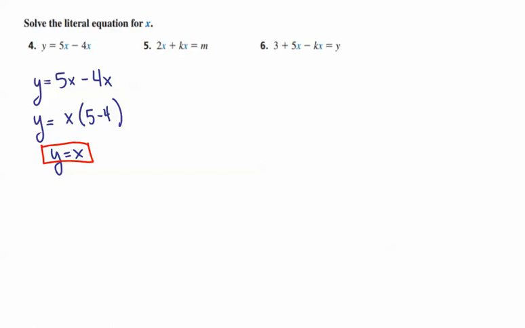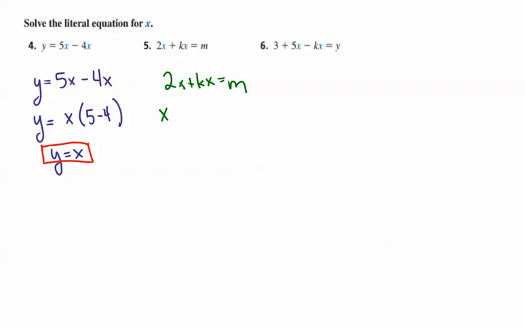In the next example, 2x plus kx is equal to m. Well, here there's nothing that we can do to combine the 2x and the kx. They're not like terms, although we could say that we have 2 plus k times x.